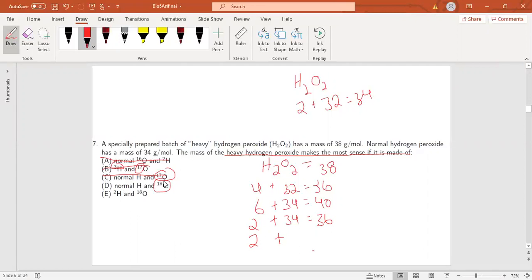However, this time it's 18. So times 2 is 36. And that gives us what we're looking for. It gives us 38. So in this case, it looks like our answer will be D. If you take a look at E, we have a heavy H and a heavy O, and that will total up to be 40. So that will not count as well. So in this case, our answer is D.